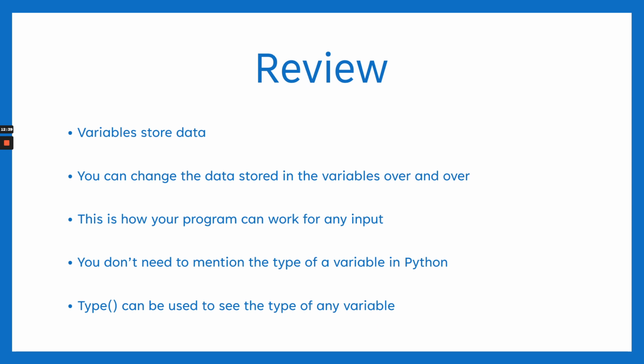This allows the same set of instructions to work on different types of inputs because the values in the variables are changing, but the names of the variables are not changing, so the instructions remain the same, right? In Python, you don't need to mention what the type of the variable is. The Python interpreter does that for you. And you can use the type function in case you get curious to find out what is the type associated by Python to my variable age or to my variable salary, etc.